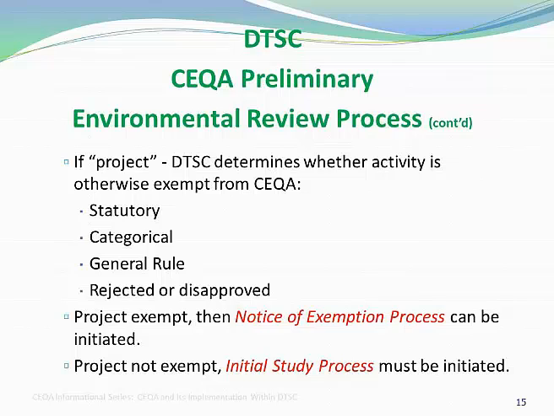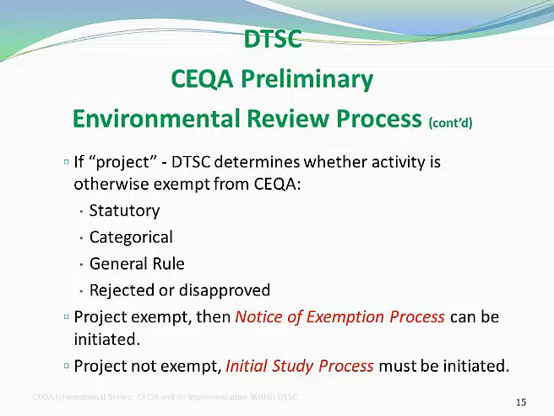Categorical, small cleanups of $1 million or less, and some limited regulations for the protection of the environment. A good example is the mercury thermostat collection rules, which were mainly just a procedural type of regulation. General rule, where with certainty there is no possibility of a significant environmental effect, and rejected or disapproved projects, no project equals no need for CEQA.